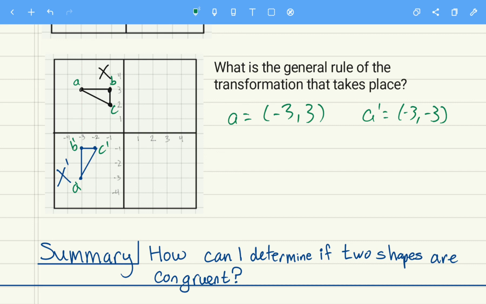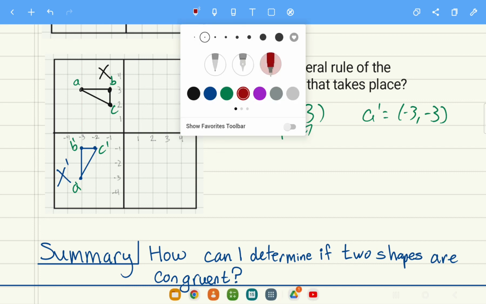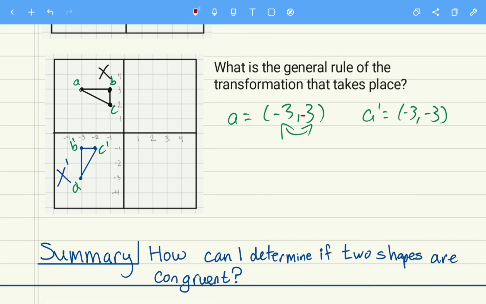So it looks like we might have had a flip, or a rotation, I mean. Looks like these coordinates probably switched places, and then this one changed signs. The second one changed signs. So it looks like we may have had a rotation that was 90 degrees counterclockwise. Let's see if that holds true.